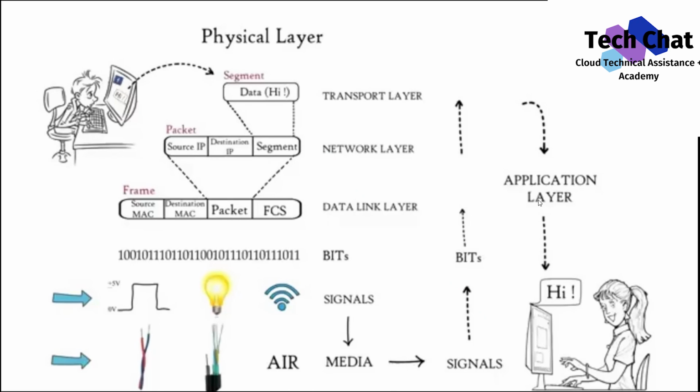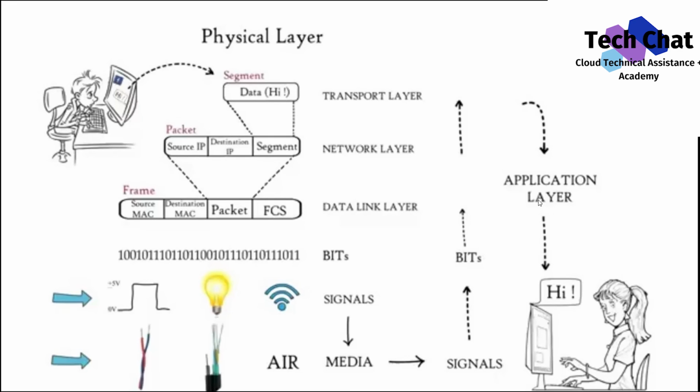So then this data flows in the opposite direction from layer 1 to layer 7, which means from physical layer to application layer. Then the receiver sees the message from one of his applications in his application layer. So that's how data flows from one computer to another, from one source to a destination.